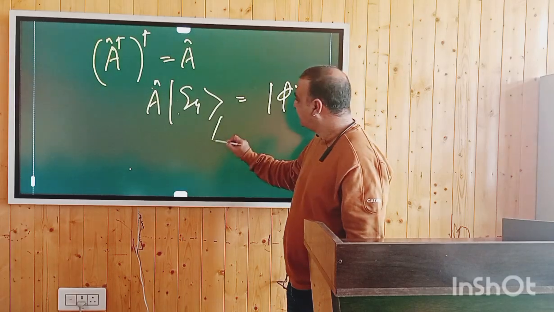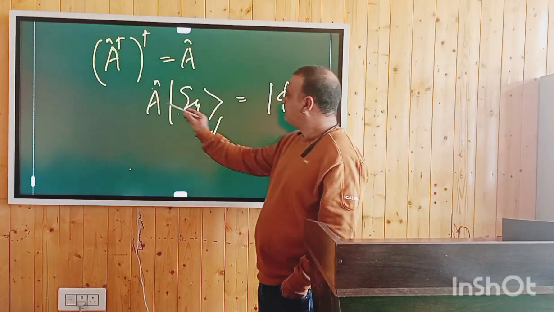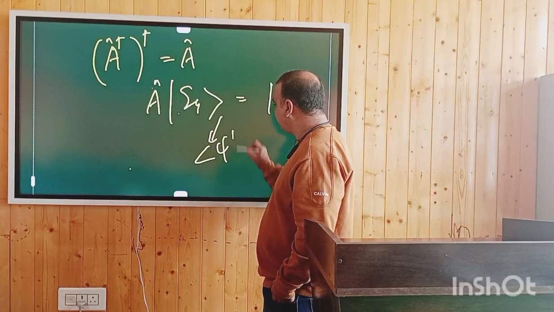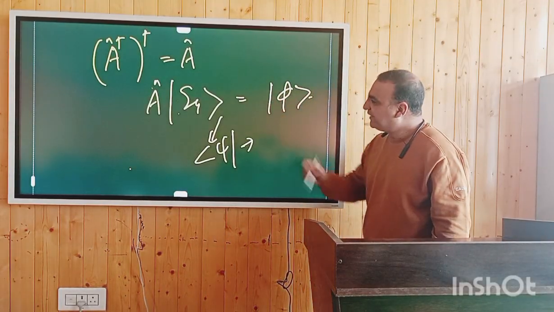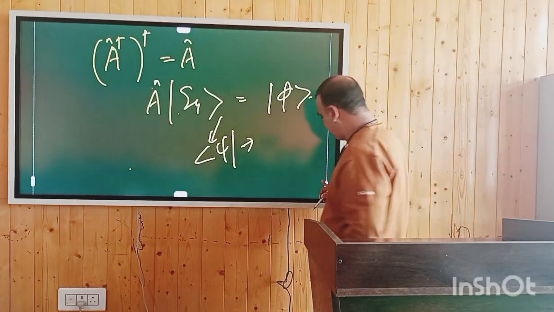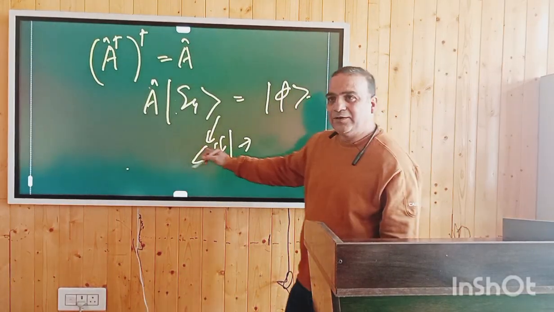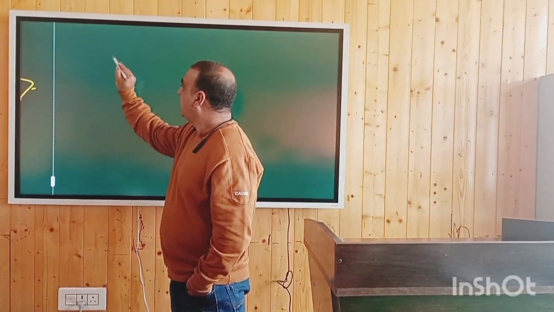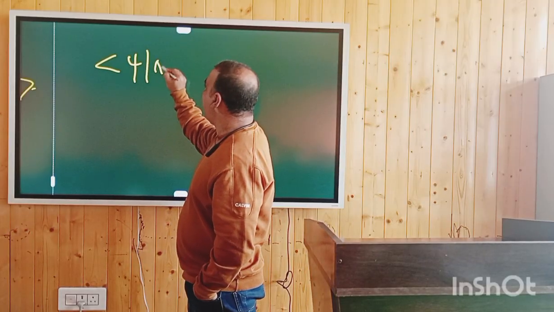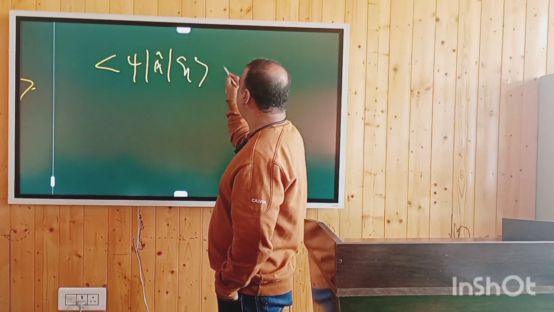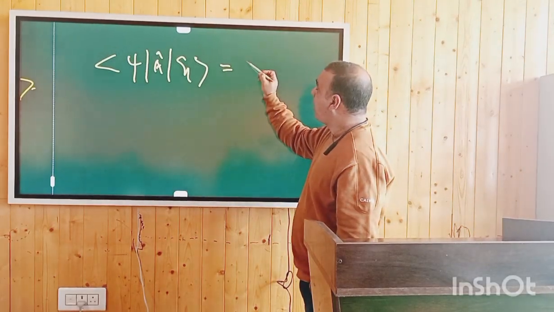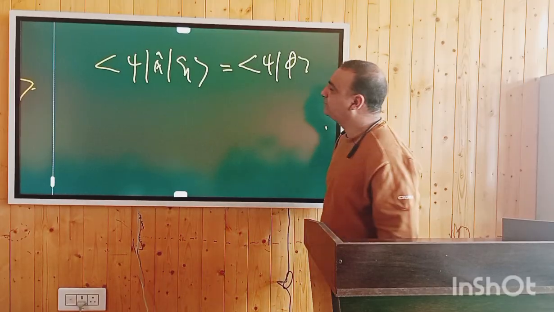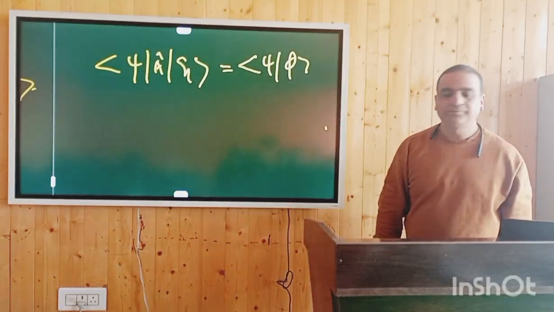And if I define the bra of phi, and I multiply that bra of phi from the left to this equation, what will I get? I'll get bra of psi, A cap, and zeta is here. Then what I have is bra of psi and phi, right?